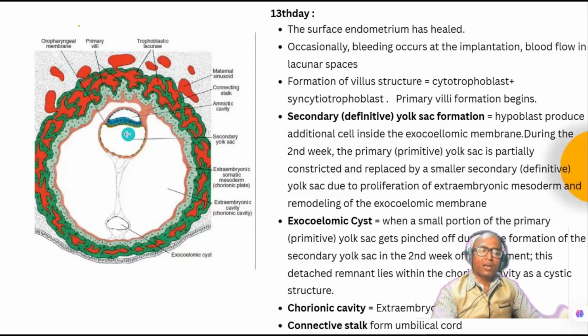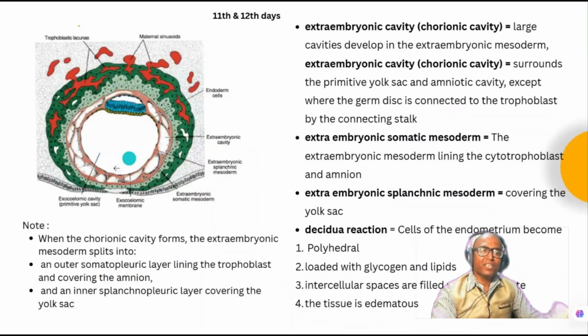The primitive yolk sac, or primary yolk sac, is what we saw initially. Then the chorionic cavity forms. Once this cavity becomes big, it surrounds the developing blastocyst all around except at a place called the connecting stalk, which is the site where the umbilical cord will form.